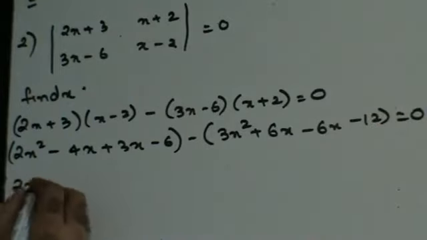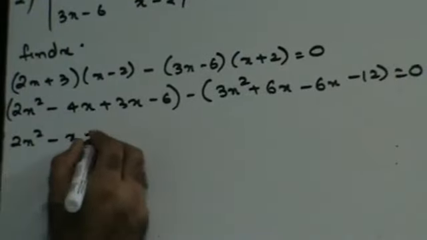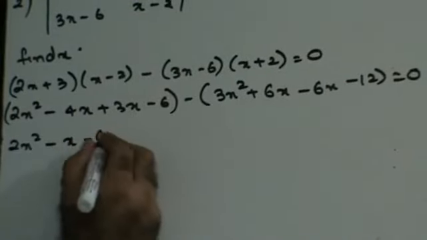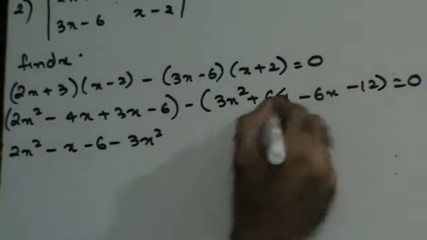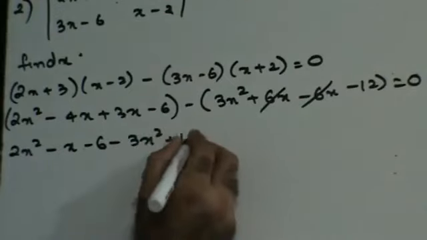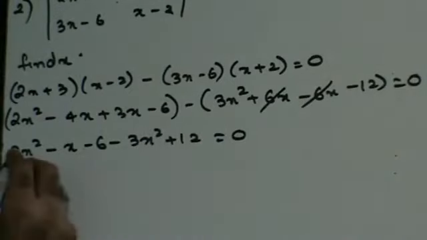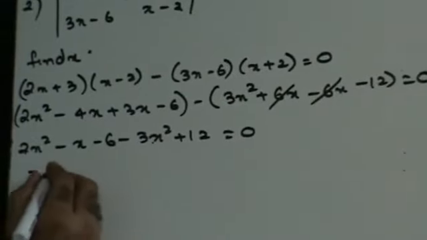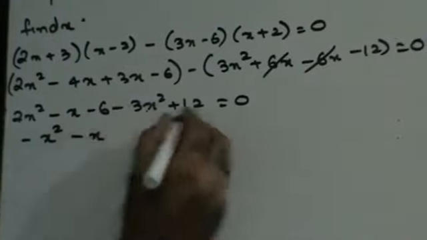So this will be x squared minus 2x plus 3x is plus x minus 6. Open the bracket, minus 3x squared, plus 6x minus 6x gone, minus into minus plus 12 is 0. So in that case this is going to be x squared minus 3x squared, minus 2x squared, plus x plus 6 is 0.